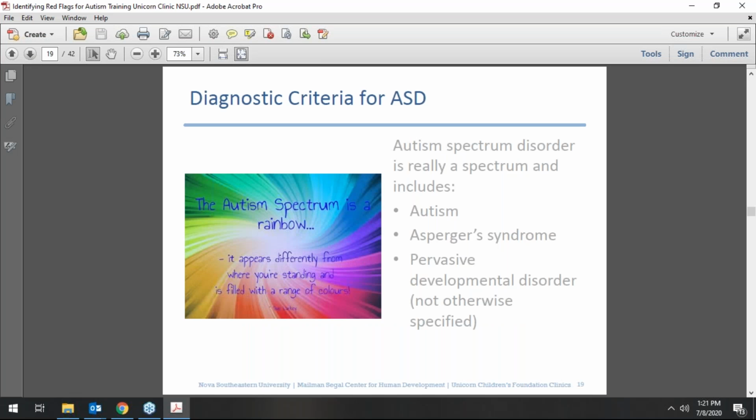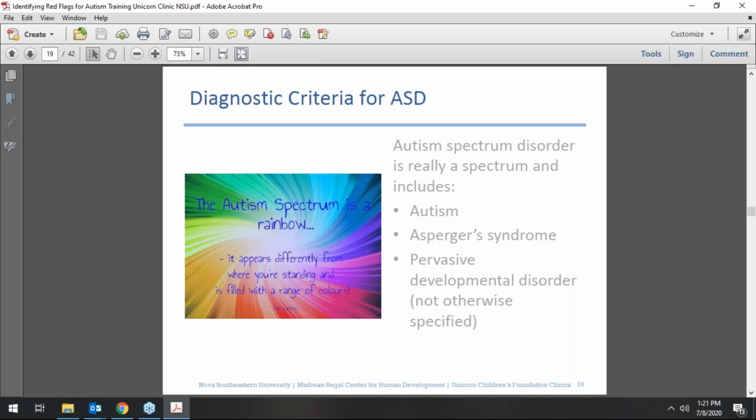So what are the diagnostic criteria for ASD? What was it before? Autism spectrum disorder is really a spectrum. It includes what used to be known as Asperger's syndrome, which is the more higher functioning individuals.